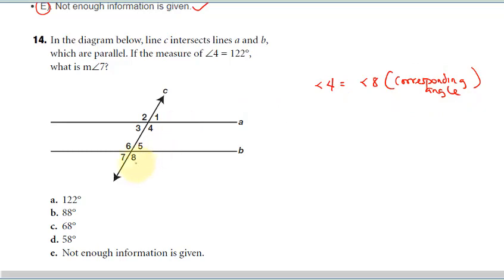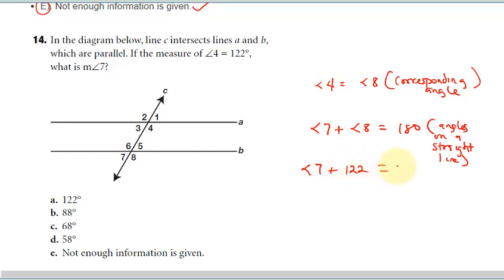So if 4 and 8 are the same, then you know that angle 7 plus angle 8 is going to give us what? 180. The reason is they are angles on a straight line. So angles on a straight line must sum up to 180. So now angle 7 plus, remember angle 8 is the same thing as angle 4, and that's 122, equals 180.